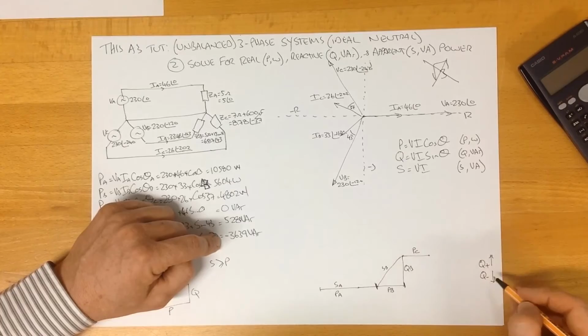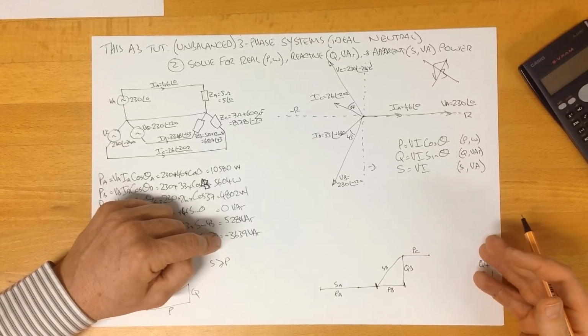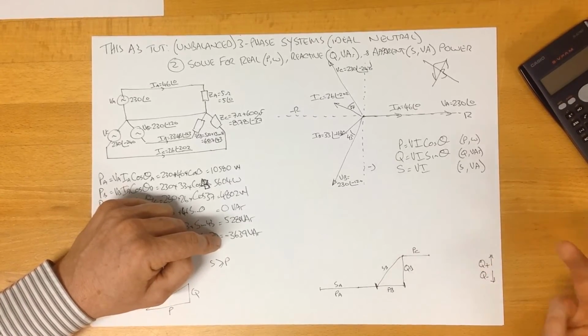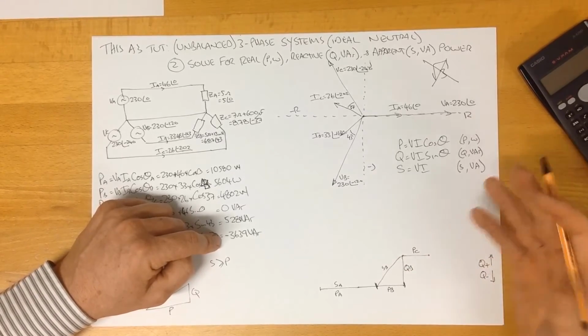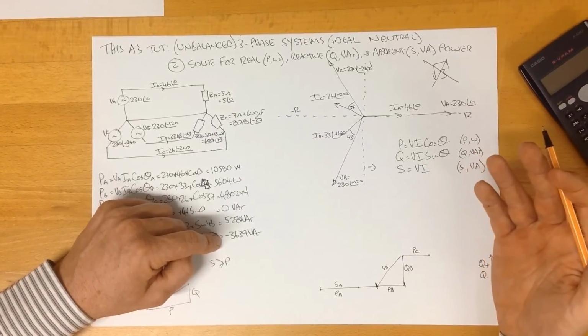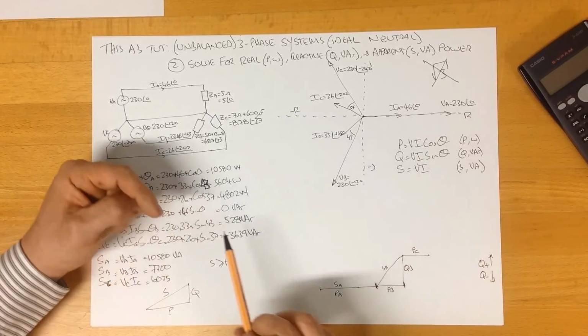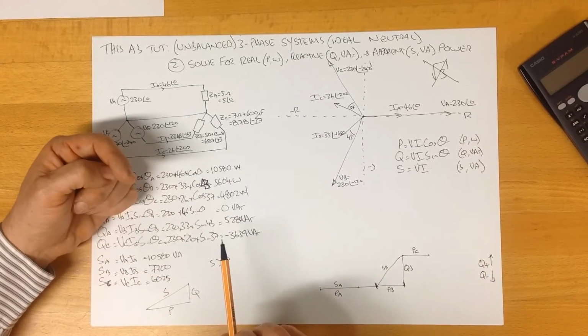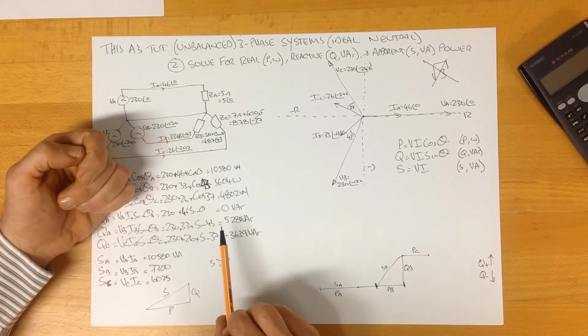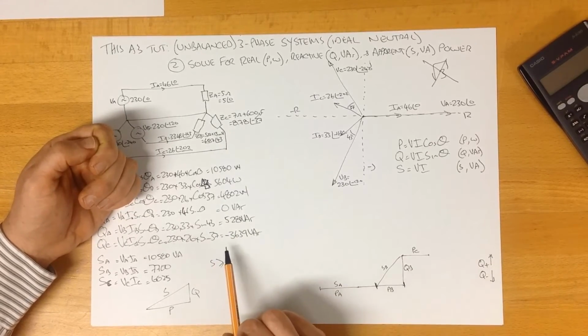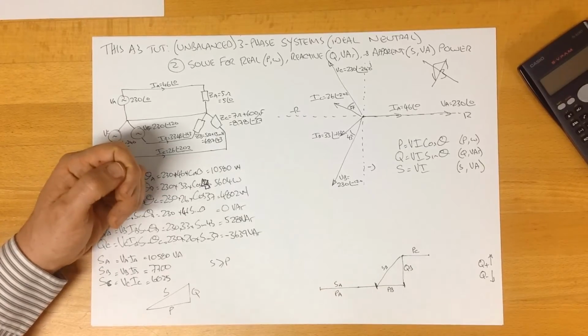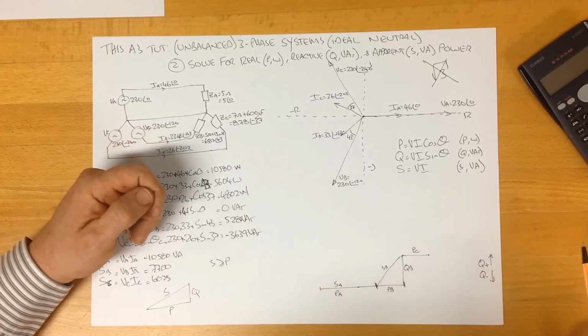You'll also see some where this is the other way around. There's an argument for one and an argument for the other. For the purposes of these calculations, it makes absolutely no difference whatsoever. The important thing to note is that the Q for an inductive circuit has got to be the opposite polarity to the Q for a capacitive circuit. That's the important thing to remember here.